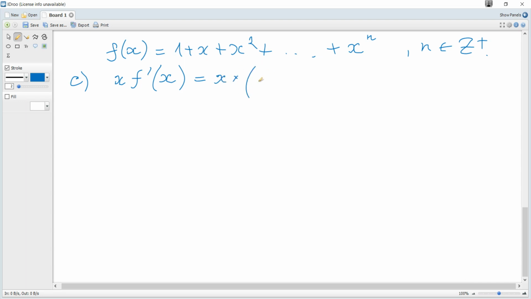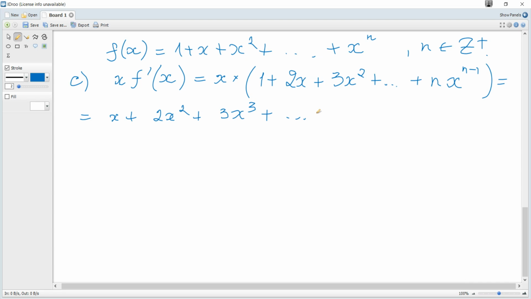Derivative of 1 is 0, derivative of x is 1, the derivative of x squared is 2x, the next term is x cubed, and its derivative is 3x squared, plus so on up to n multiplied by x to the power n minus 1. And if we multiply by x, we get x plus 2x squared plus 3x cubed plus so on up to n x to the power of n as required.